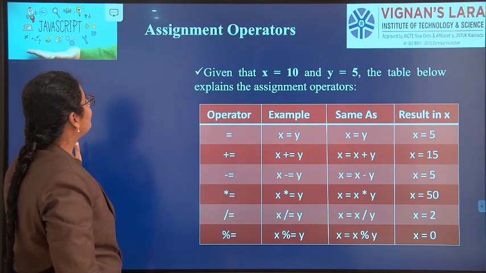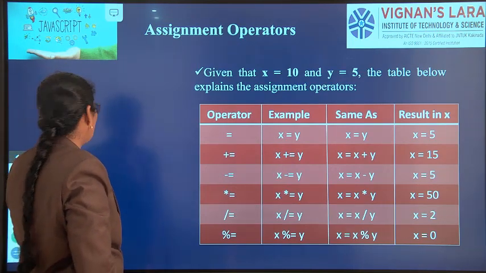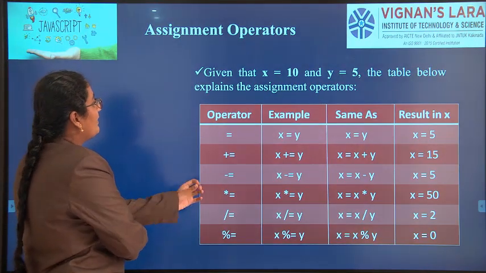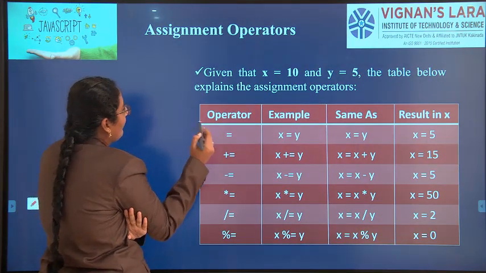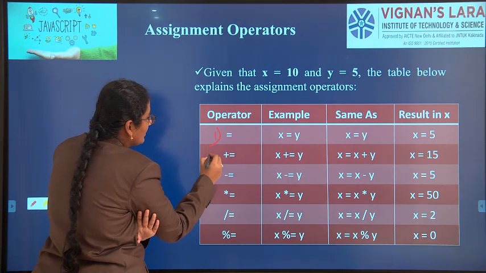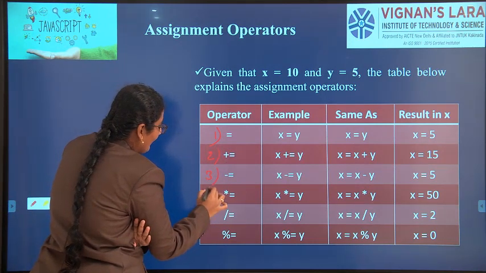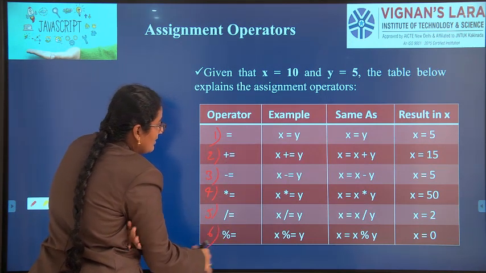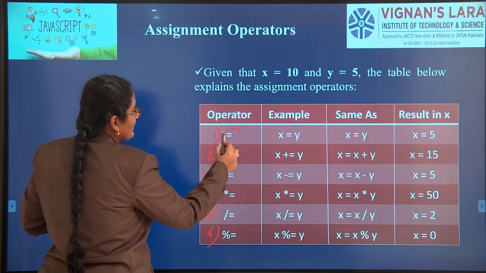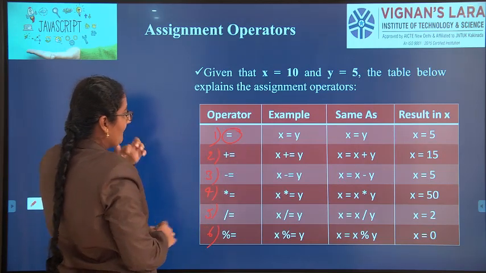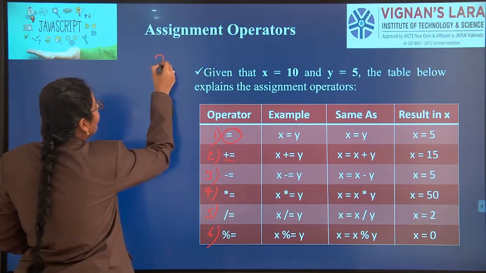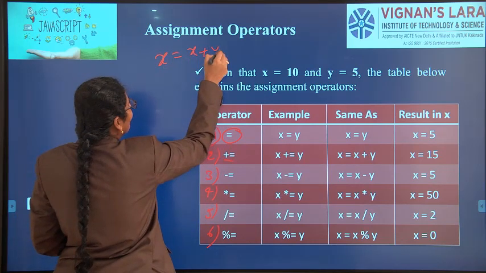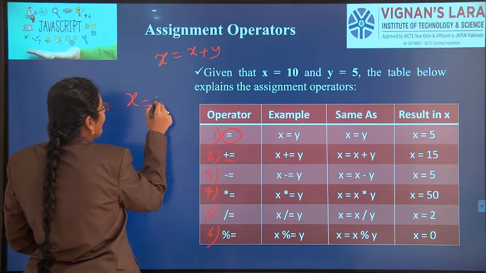So the next one, assignment operators. See, what are the assignment operators we have? First assignment operator is equal to. Second one: you can write x equal to x plus y.